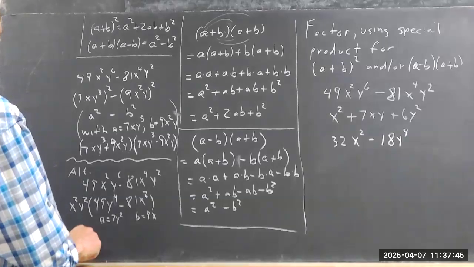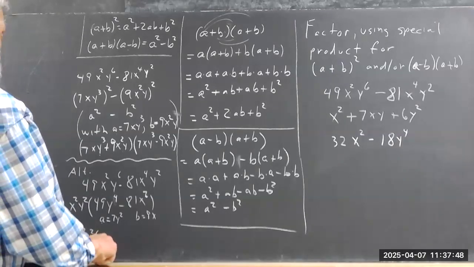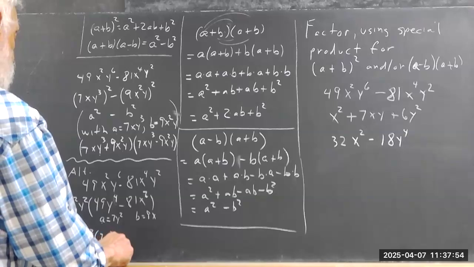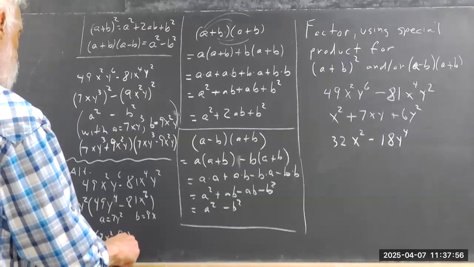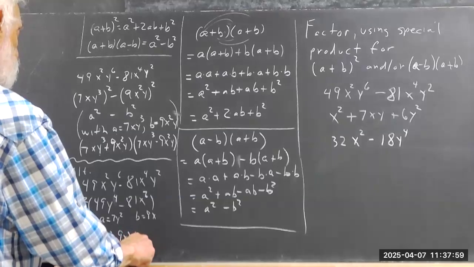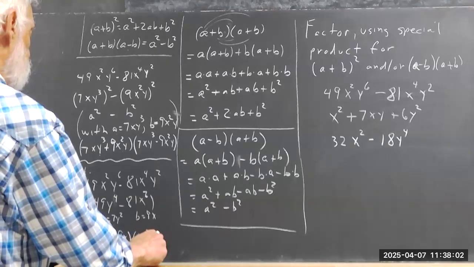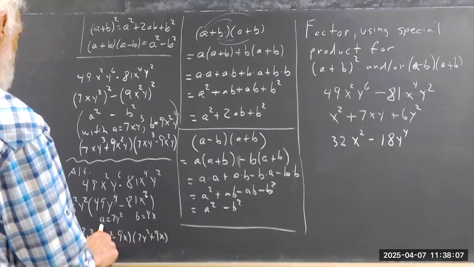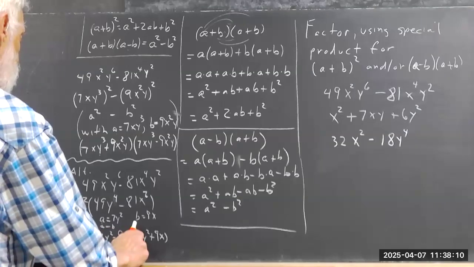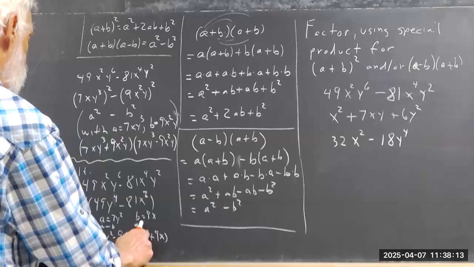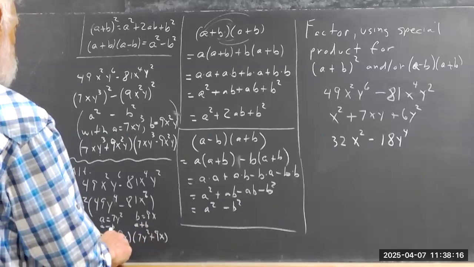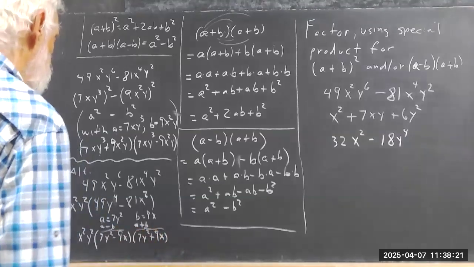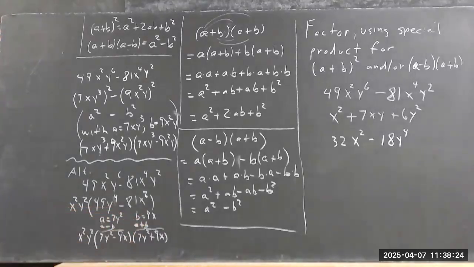So you get x squared y squared times 7y squared minus 9x, 7y squared plus 9x. And of course, here's your a minus b, and here's your a plus b.